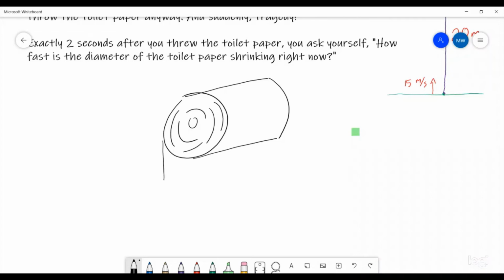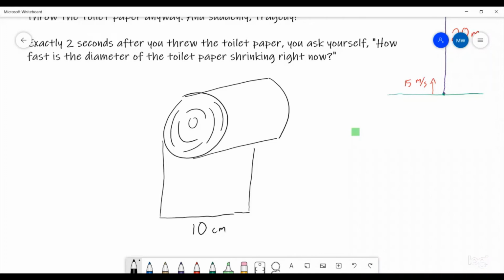We have a few different squares of toilet paper that are here, and toilet paper, I actually did measure this, is 10 centimeters across. Diameter is 13 centimeters, so all of these are the actual dimensions. And now we're trying to figure out how much of the toilet paper has come off.